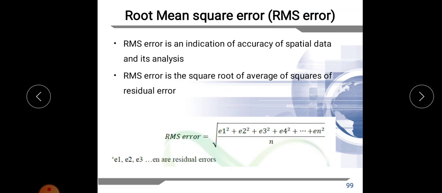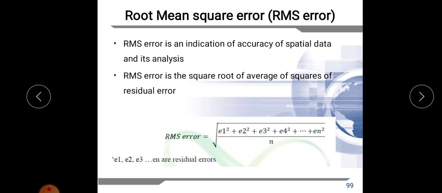The sum of their squares divided by n is the average of squares of residual error, and the square root of that is equal to RMS error. So just learn this by heart, because too much of the principle is not needed for you.